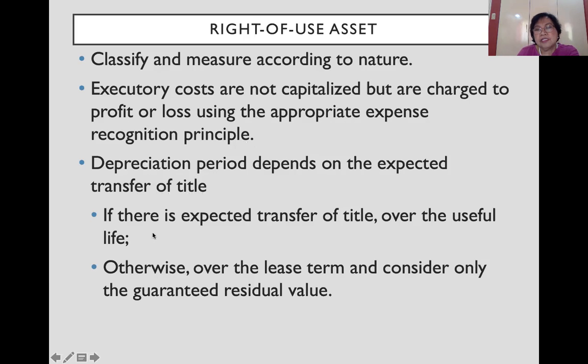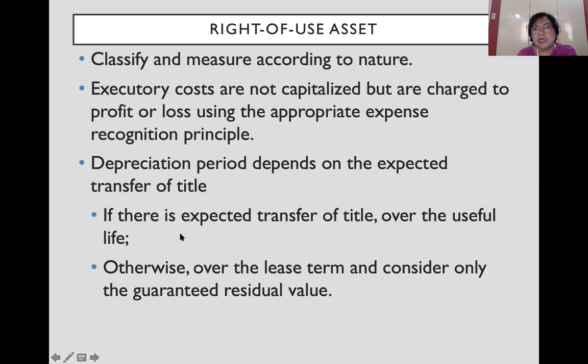If there is expected transfer of title, so if the lease contract states that at the end of the lease term, the title to the property will automatically be transferred to the lessee, therefore, in substance, the lease contract is actually payment or purchase by the lessee on installment basis of that property, in which case at the end of the lease term, such ownership is automatically transferred to the lessee. Therefore, the lessee will use the asset over the total expected useful life of the asset.